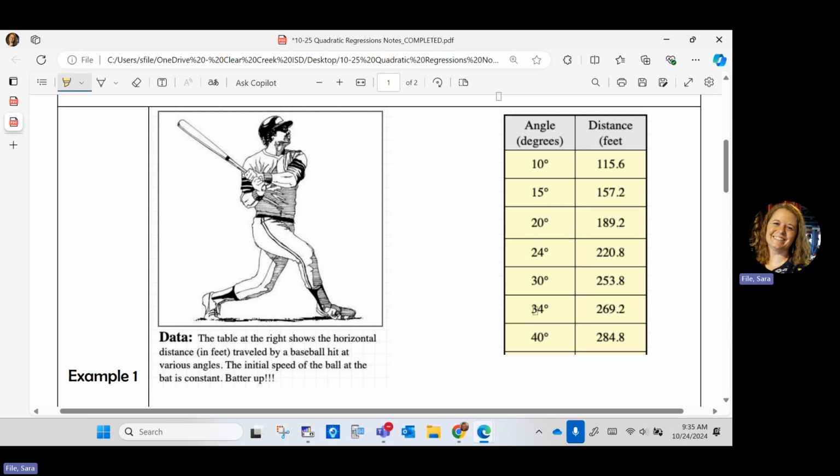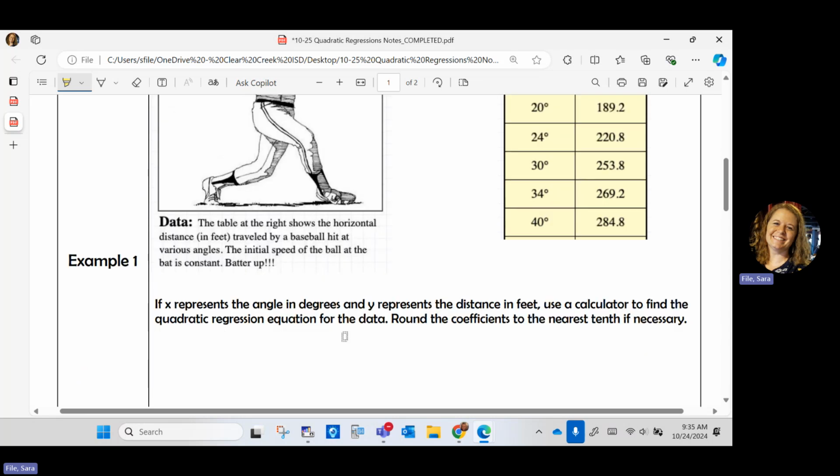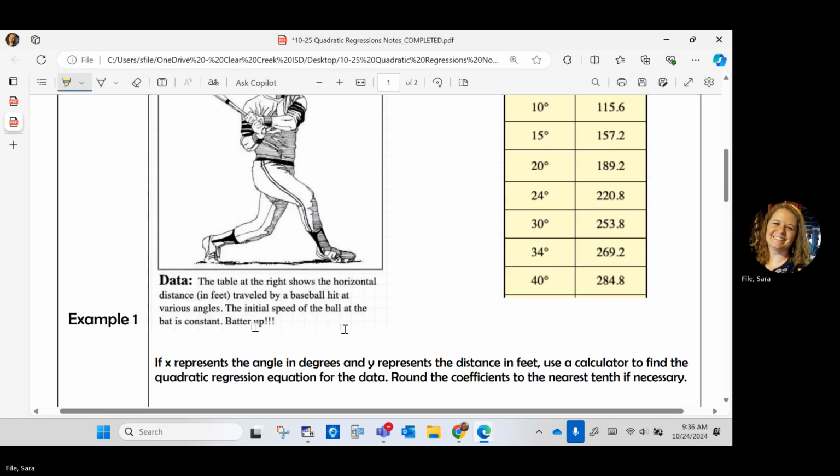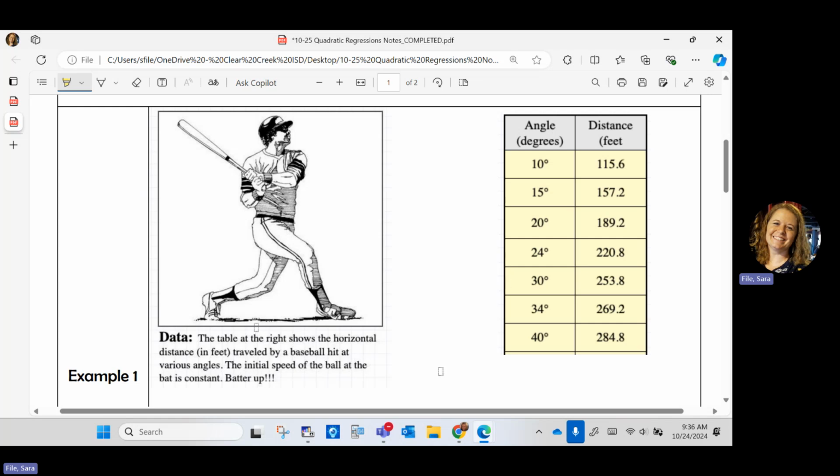So in this one we are going to come up with our equation. Actually, this one doesn't ask us to predict any of them. It just says to use the regression data to come up with the equation. So we don't even have to make a prediction for this one.